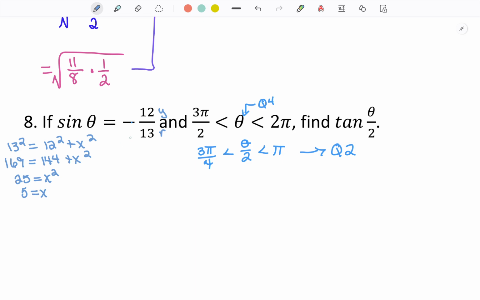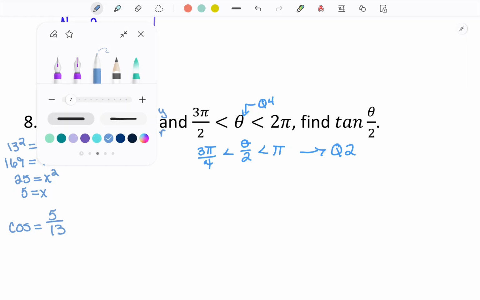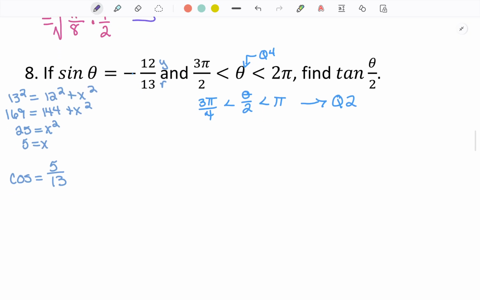So we already have our sine, but then our cosine should be 5 over 13. So now we are going to go ahead and plug that into our identity. Really, there's not a better one of those last two for this problem. I'm going to go ahead and use the tangent of theta over 2 equals 1 minus cosine theta over sine theta.